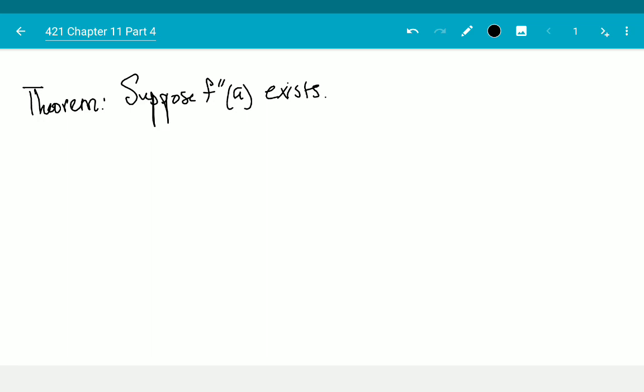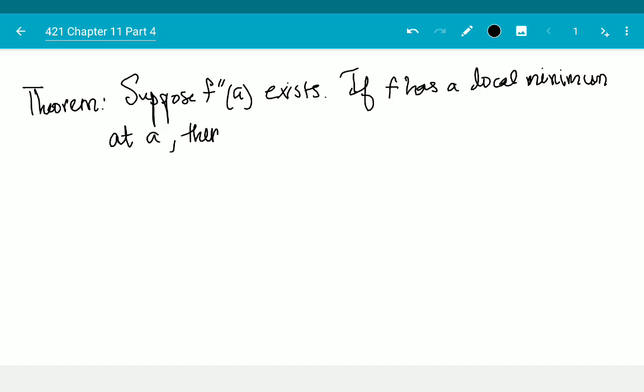Okay. Then, if f has a local minimum at a, then f double prime of a is greater than or equal to 0.